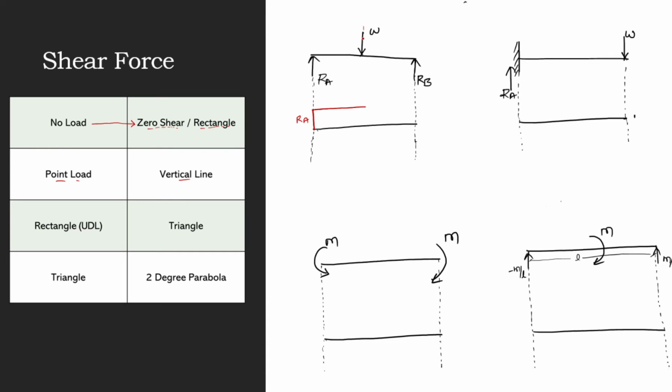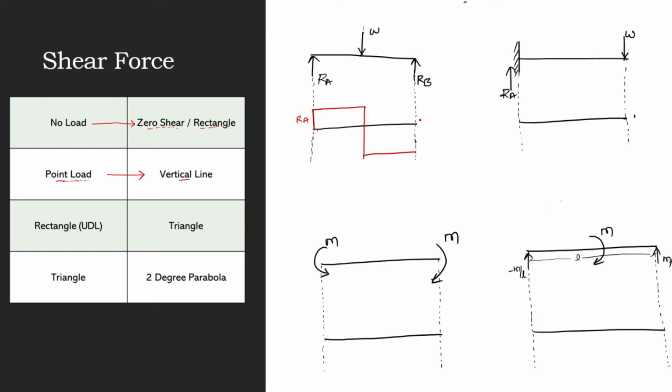And next, at W, again there is a point load, so it should translate into a vertical line. This will go down by W because it is more than RA. Again between W and RB there is no load, so again zero shear or a rectangle. I will draw it like this.